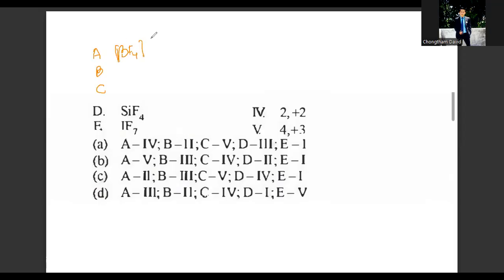BF4 minus. In B you have aluminum hexafluoride ion. In C you have oxygen difluoride. And 1, 2, 3, the oxidation states. And the coordination number is 7. Oxidation state is plus 7. 4 plus 7. 4 plus 4. 6 plus 3. So you are required to match the column for this question.